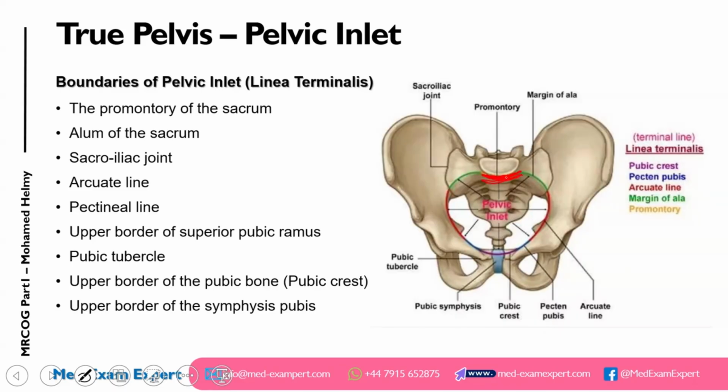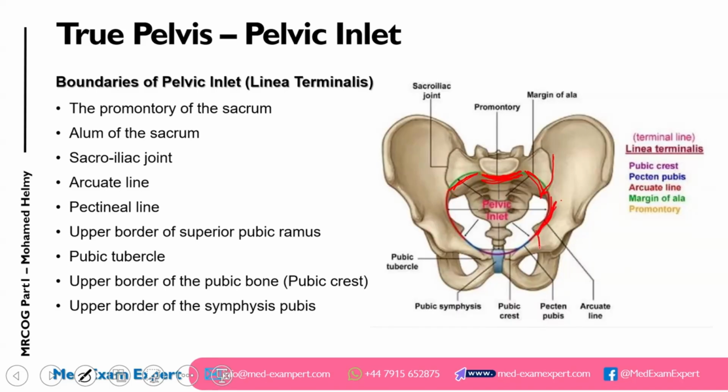the promontory of the sacrum, then the ala of the sacrum, the two wings or side bones of the sacrum. We call it the ala of the sacrum. Then the sacroiliac joint, okay. Then the arcuate line.